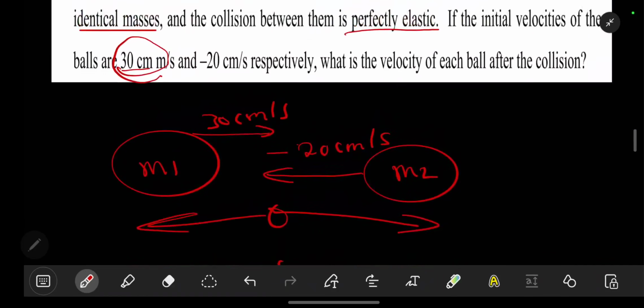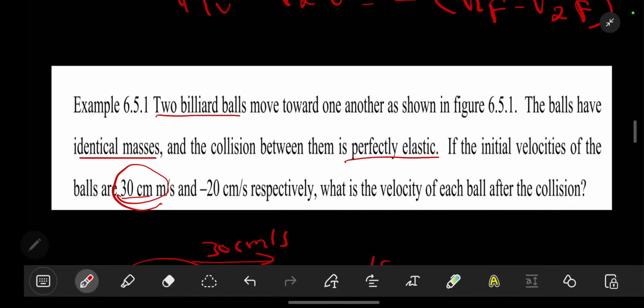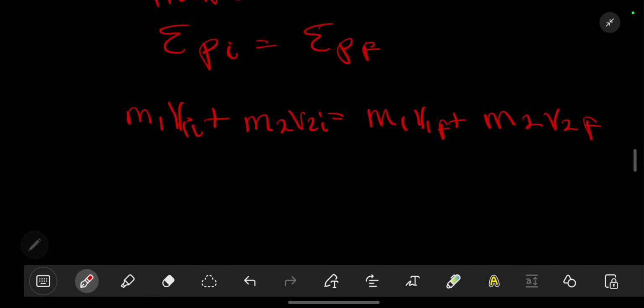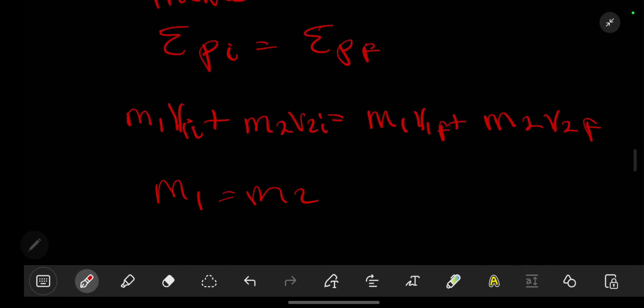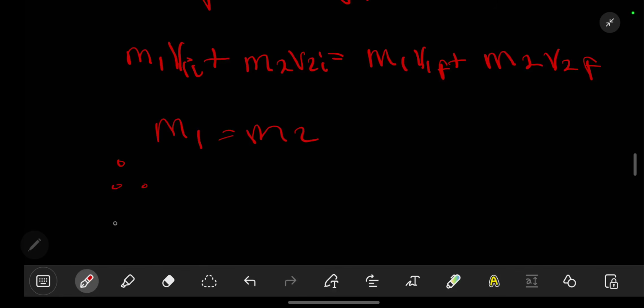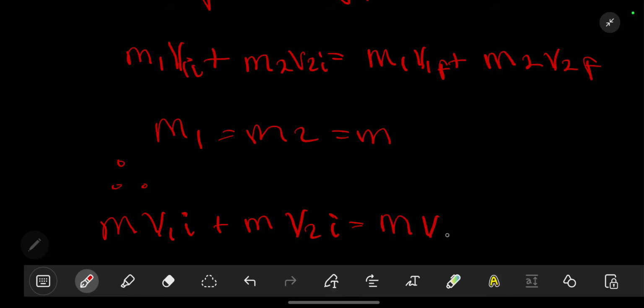So what is our mass number 1? Mass is unknown. Now remember, M1 is equal to M2 since they have got identical mass. Therefore, the formula becomes M V1 initial plus M V2 initial should be equal to M V1 final plus M V2 final.